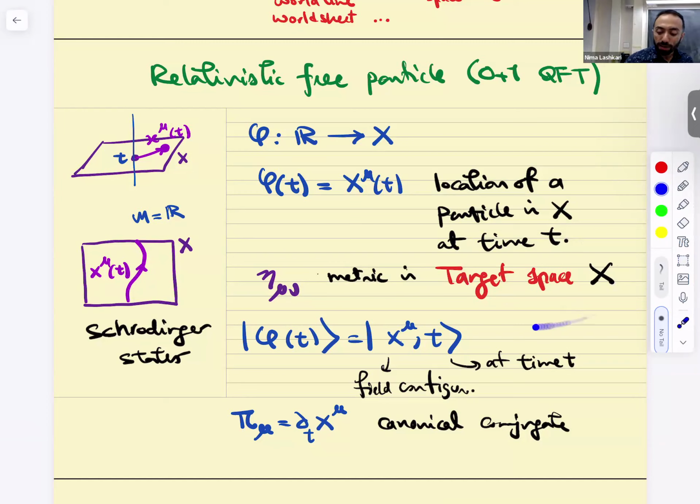In the target space, I could pick a metric, a flat space metric. I could try to make the theory relativistic in the target space. We'll work towards that. Notice that symmetries of the target space are something that we have to implement into the action.